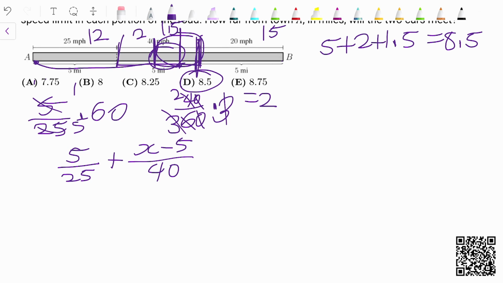Once the person going from there reaches the meeting point, we're talking about this area. And to talk about this area, we obviously can't use the slower area, because that wouldn't be part of the equation, since the times would be different.